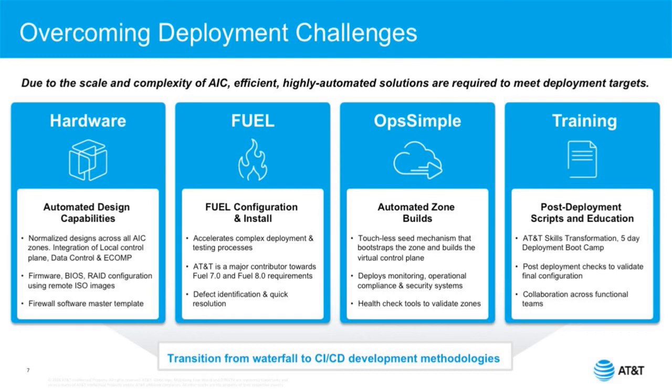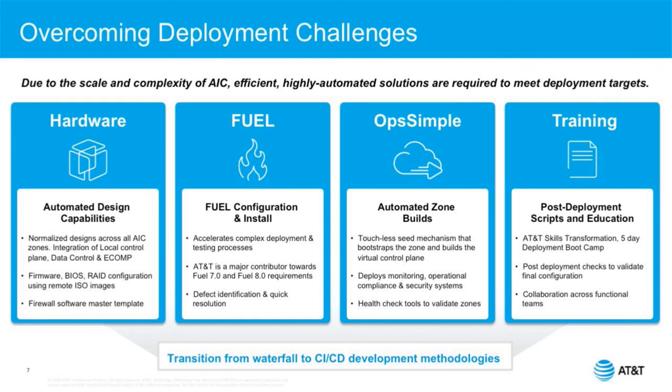And also AT&T developed an automated deployment called OpsSimple. It is a touchless mechanism for bootstrapping the KVMs and all the virtual machines and all the 300 servers. We develop a YAML file and then push it through all the servers to do the bootstrap and deploy OpenStack.